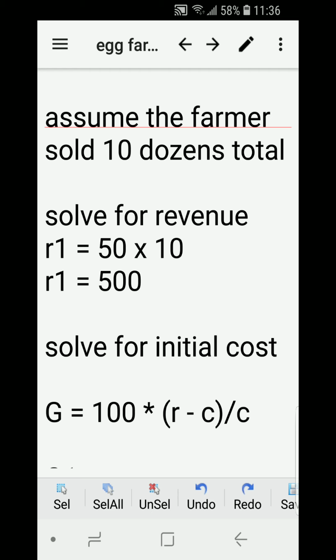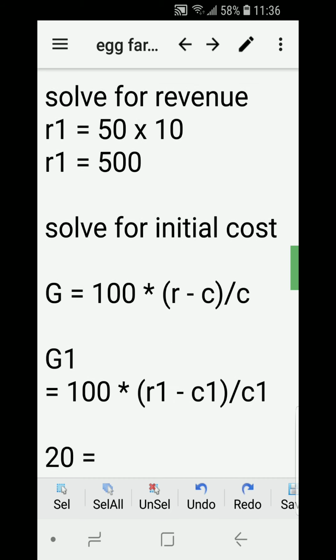So since he sold 10 dozens, we solve for revenue. R1 is equal to 50, that's the price per dozen, times 10 is equal to 500 pesos gross revenue.